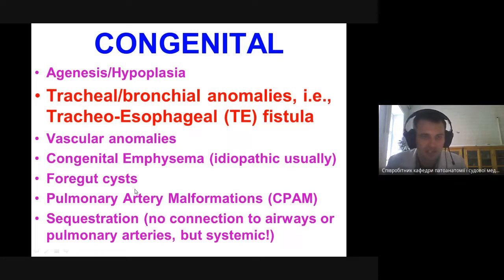Foregut cyst, cavities full of liquid formed from foregut. Pulmonary artery malformations, congenital pulmonary artery malformations. Poor formation or abnormal formation of pulmonary artery. Sequestration when there is no connection to airways or pulmonary arteries, but systemic.